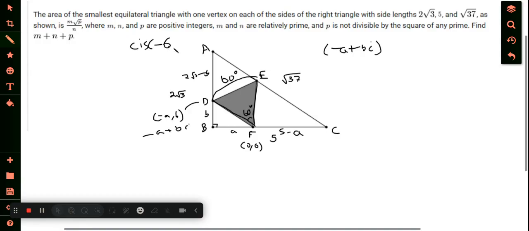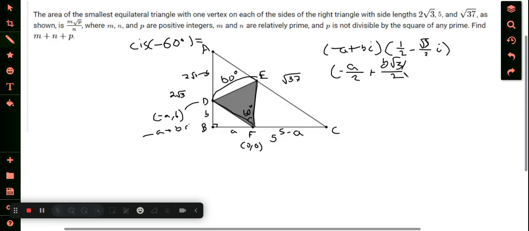If you're not familiar with the cis function, it is just what you can multiply points in the complex plane by to rotate them about the origin. And we know this is equal to 1/2 minus root 3 over 2 i. By doing some simplification and splitting the real and imaginary parts, we get that the real part is simply negative a over 2 plus b root 3 over 2.